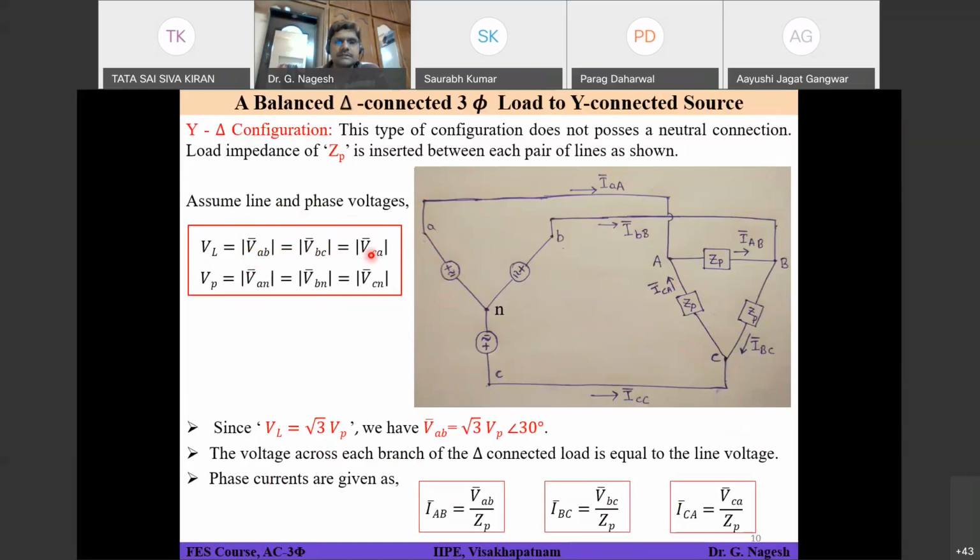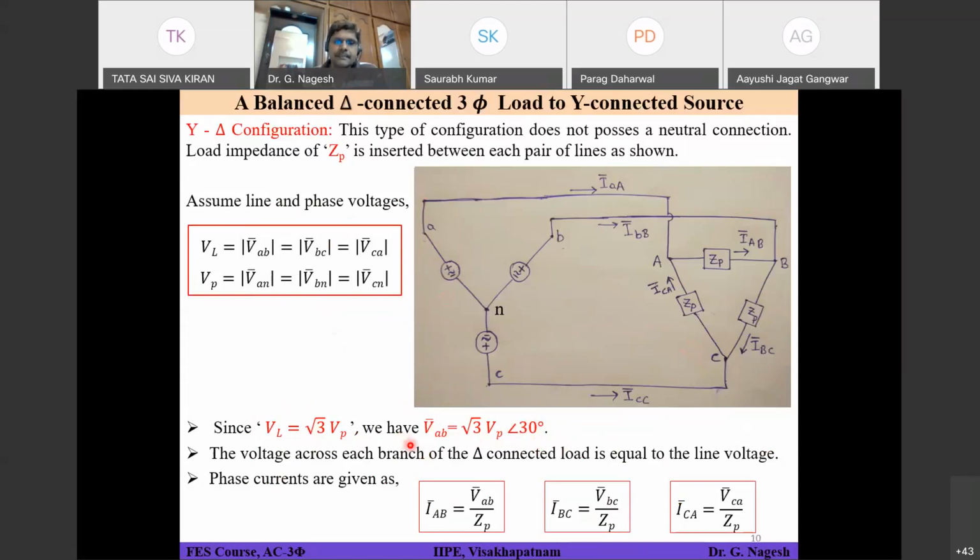Line voltage will be root 3 times the phase voltage, and VAB will be root 3 VP at an angle of 30 degrees. In terms of phasor, line voltage is 30 degrees leading with respect to the corresponding phase voltage, so plus 30 degrees appears in line voltage VAB.